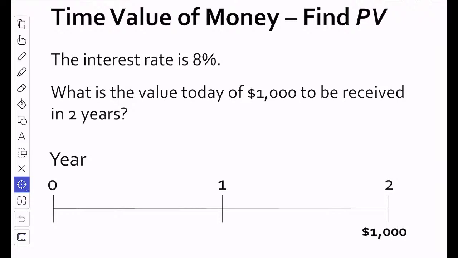So you're looking at deferred consumption with a price of 8%. You know $1,000 are coming to you in 2 periods. What is that worth to you today?